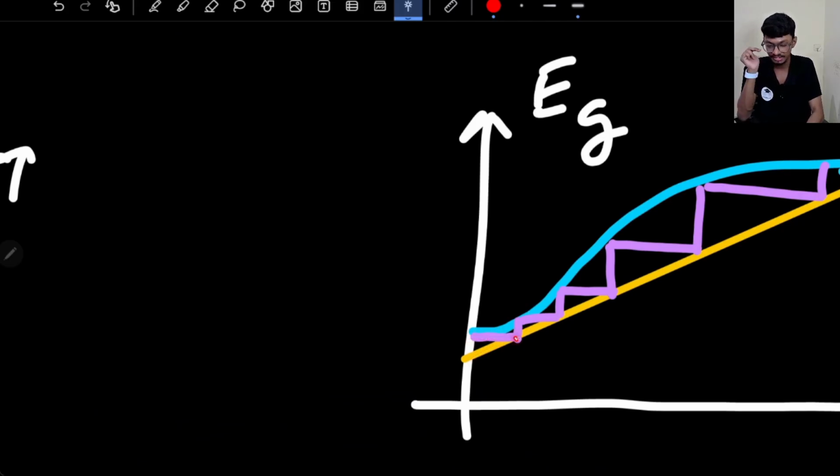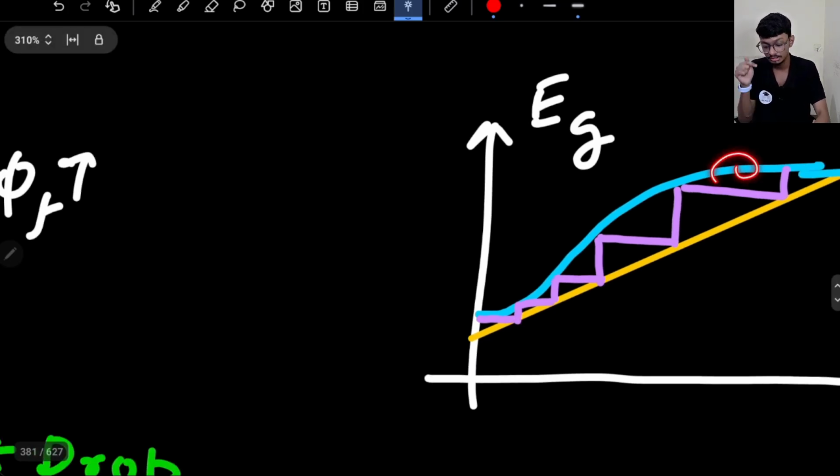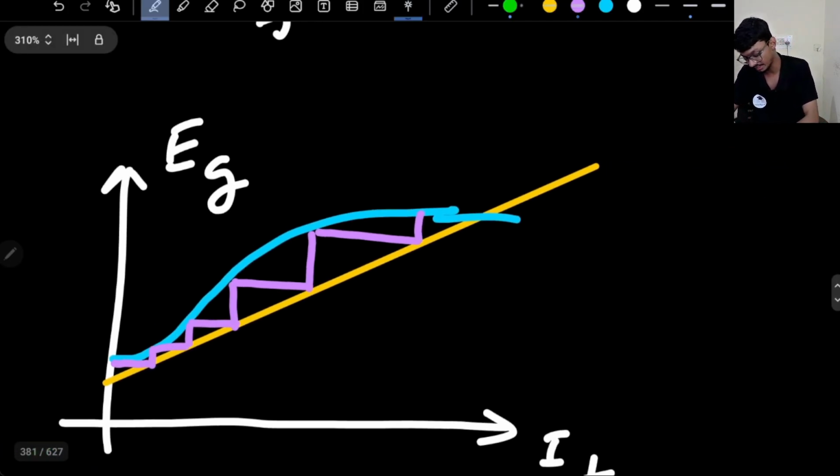Then suddenly after I reach this point, what will happen? As the IF has increased, phi F will increase. If phi F increases, the voltage will increase. The voltage will increase according to the magnetization curve. So this is the magnetization curve, right? Because it depends on the flux.